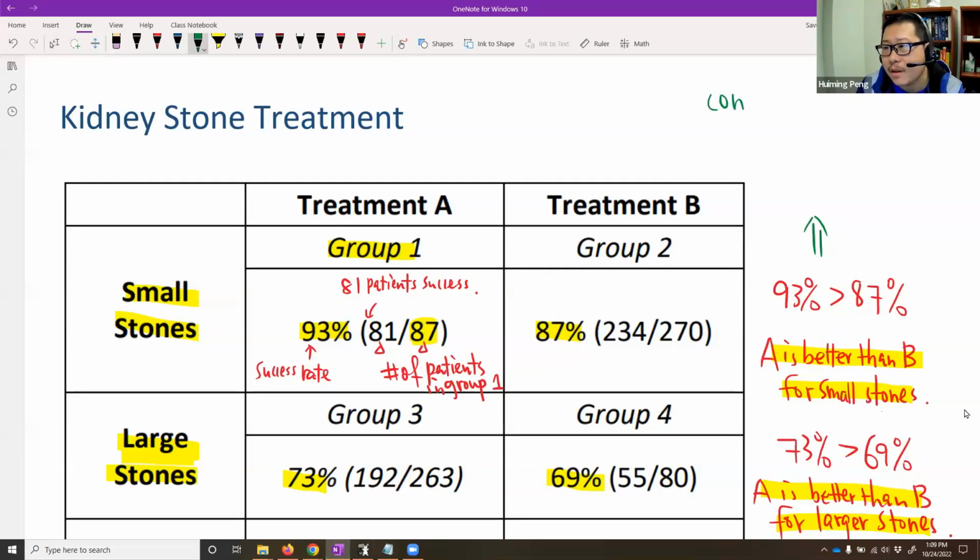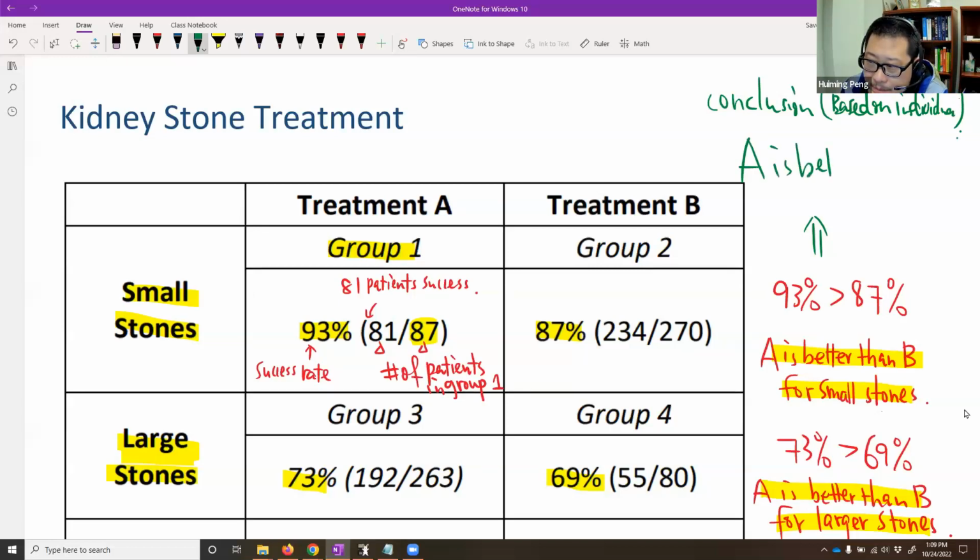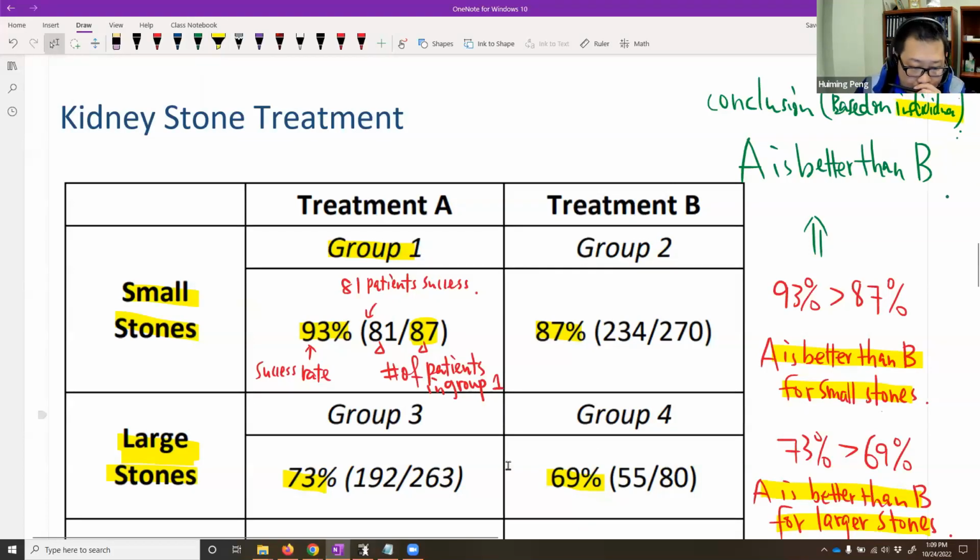I put the conclusion here, based on individual data: A is always better than B, no matter large stone or small stone, right? So that's the data. That's the one conclusion, but based on the individual groups. Now, I will not do the individual.